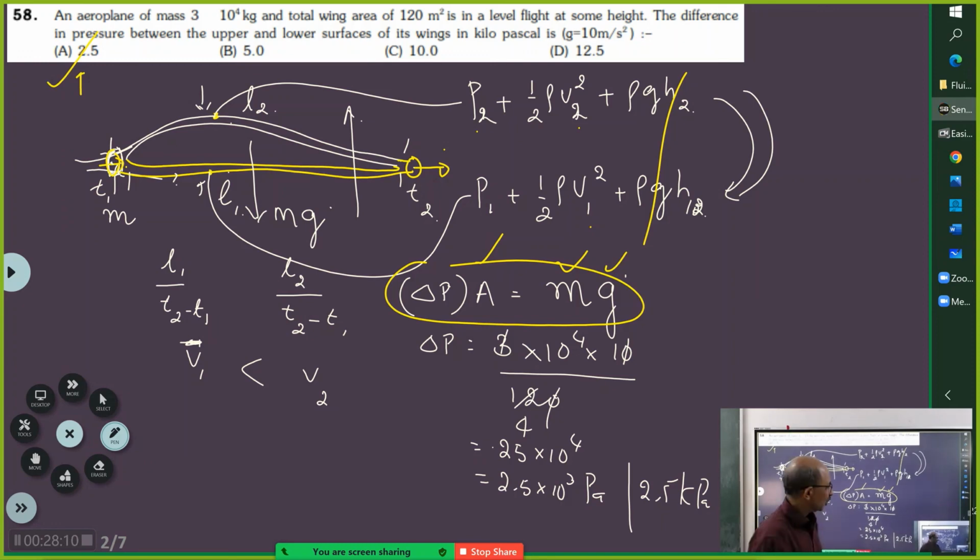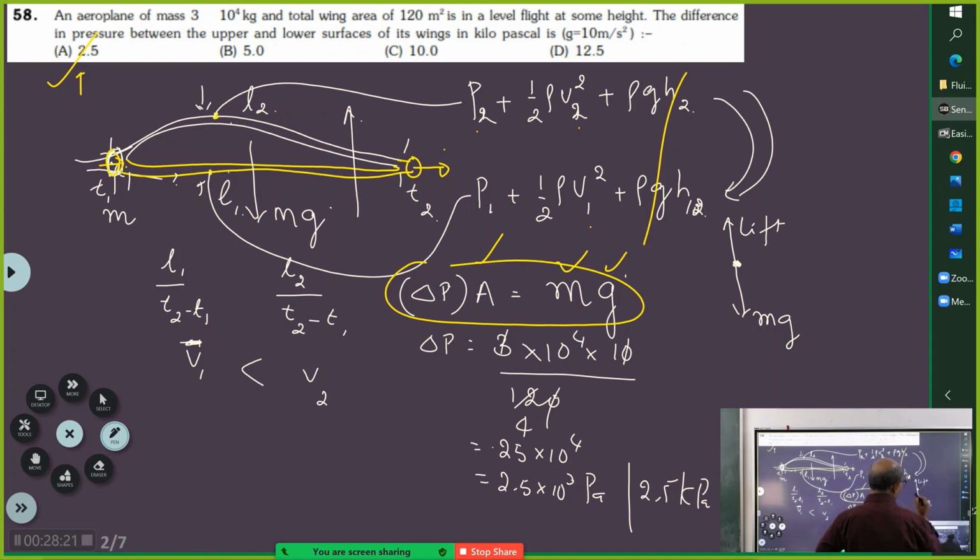It will move forward. You should know what all the forces acting on an aeroplane are. One is the weight, which is balanced by the lift. The other force is the engine force. And the other one is the air friction, which you call the drag force.